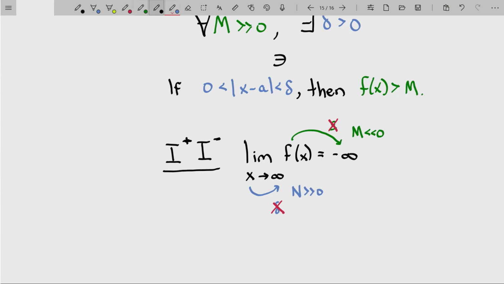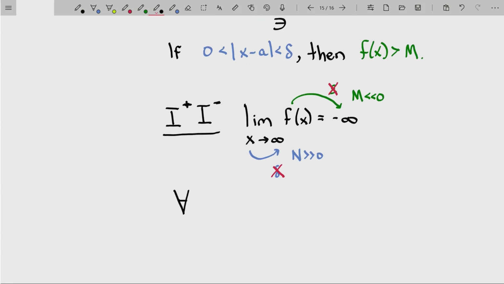Now I'm going to state my first statement. Somebody's going to walk in the room and they're going to hand me a constraint on y, specifically some value of m that's very, very negative, because the function's going to negative infinity. And I will have to find a very, very positive number n. So that's my constraint on x. That's a very positive number.